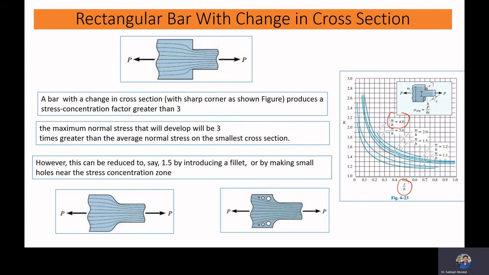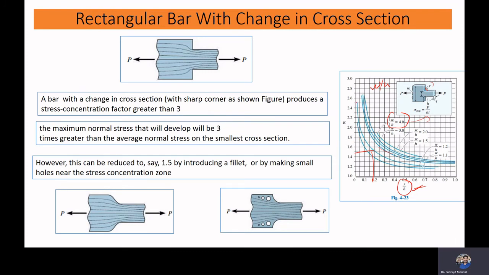So the stress concentration factor depends on R by H and the ratio W by H. If you know R by H and W by H for a particular sample, you can find the value of the stress concentration factor for your plate or sample.